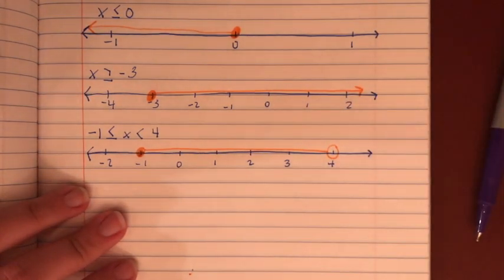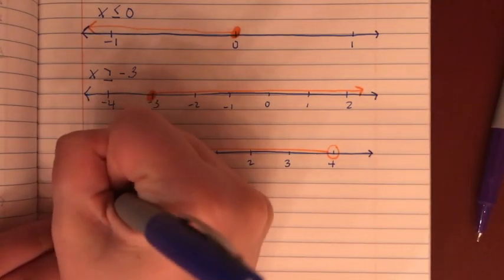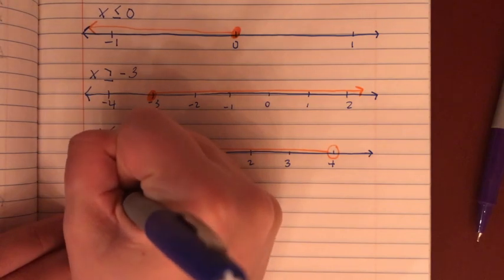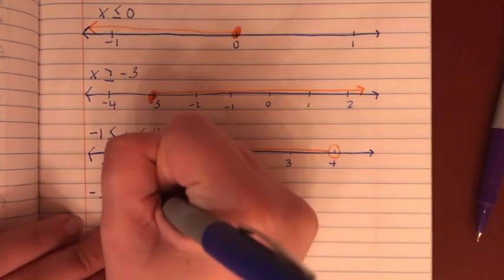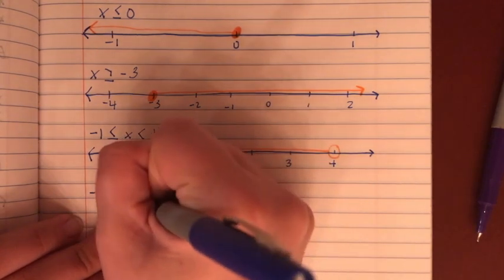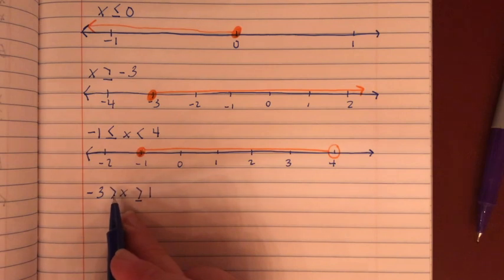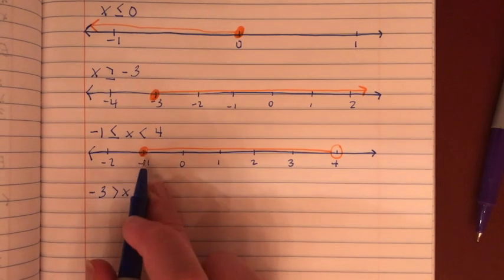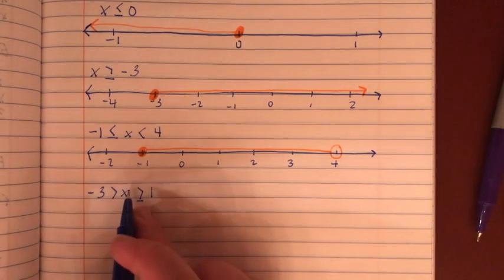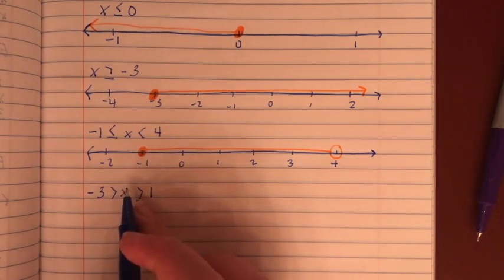You're probably really not going to see one like this, but just so you kind of know what it looks like. So let's say I have -3 is greater than x, and then x is also greater than or equal to 1. So it says x is less than -3, so it's going to be kind of over here, or, and x is greater, probably or, it can't really be both.